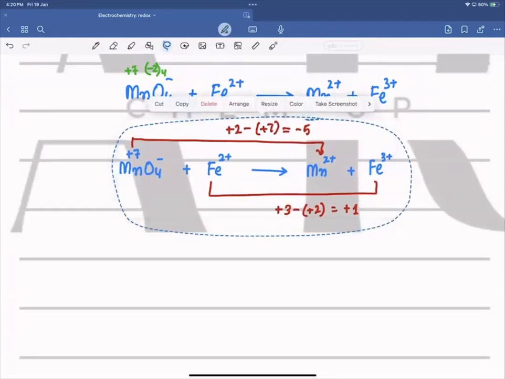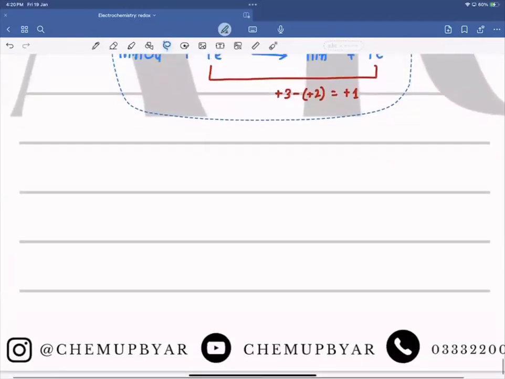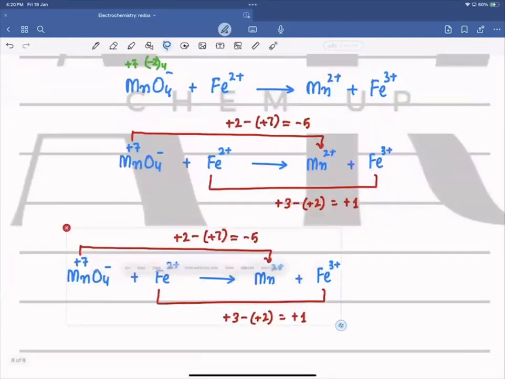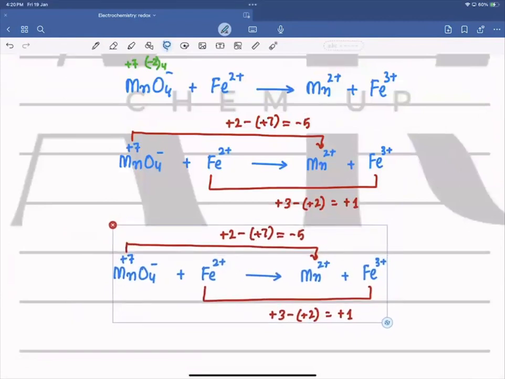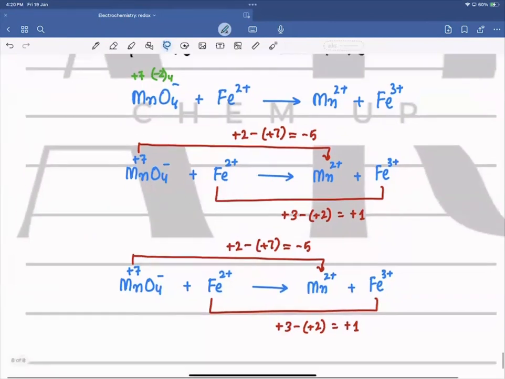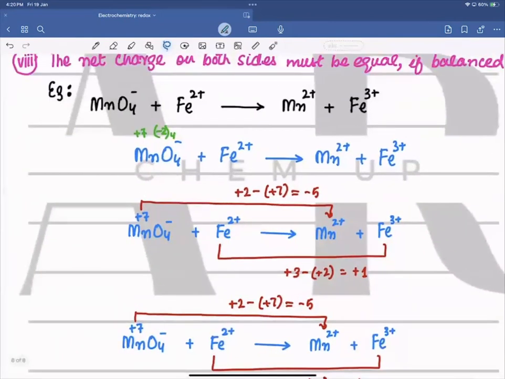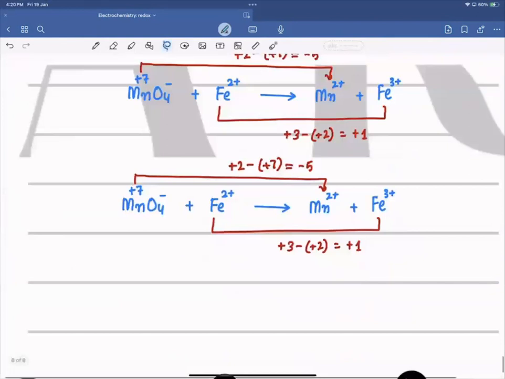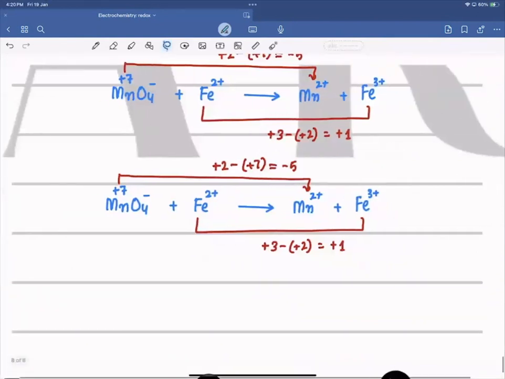Okay, what was the next rule? After finding the change, what will we do next? Sir, balance the change in oxidation number.